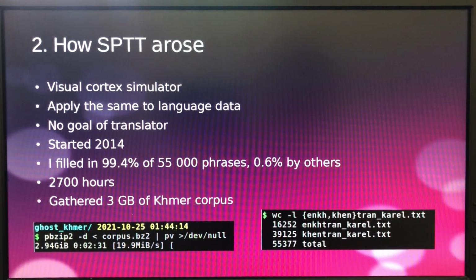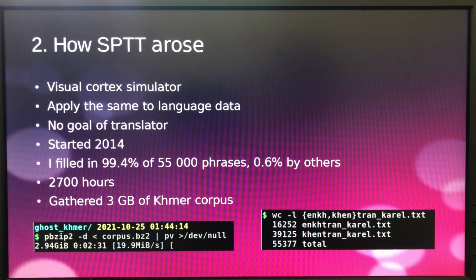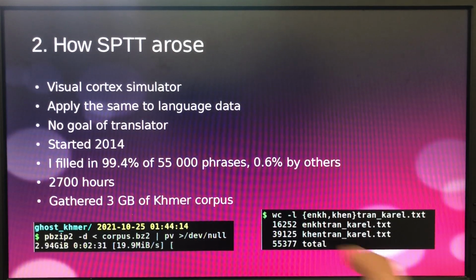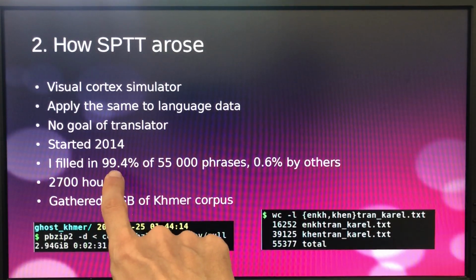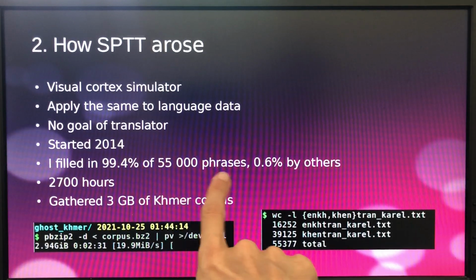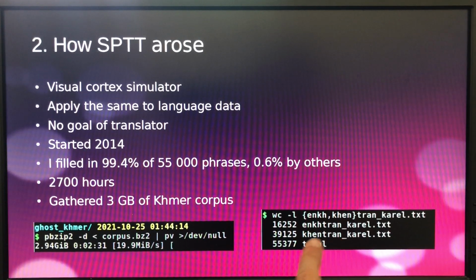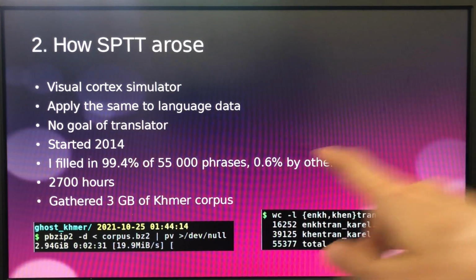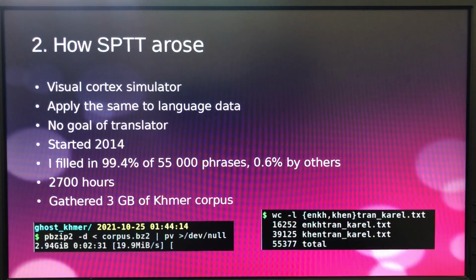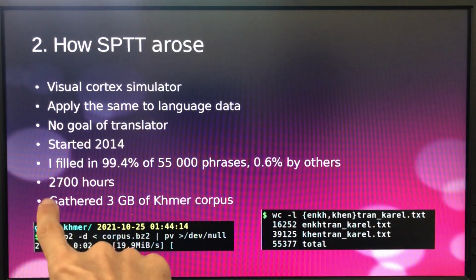also had the first small Khmer corpus in 2014, and since then I filled in 99.4% of 55,000 phrases. That's here, so it includes the English to Khmer and Khmer to English phrases, and 0.6% was done by other contributors.